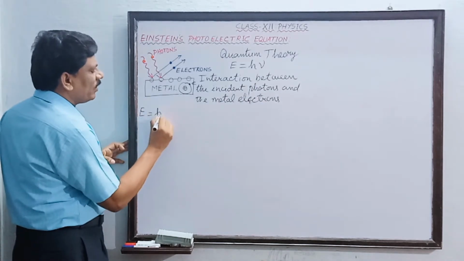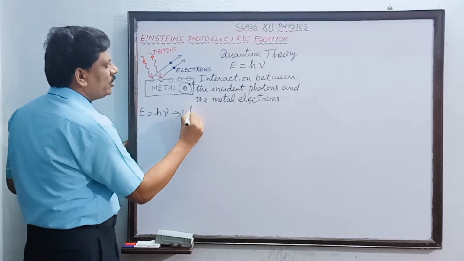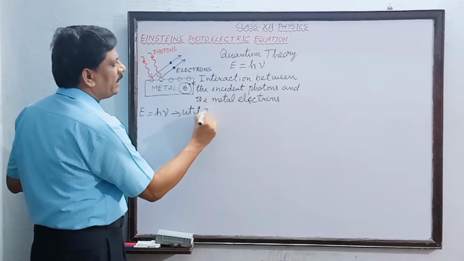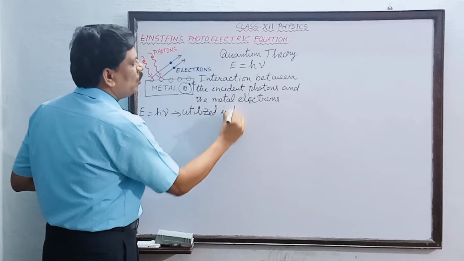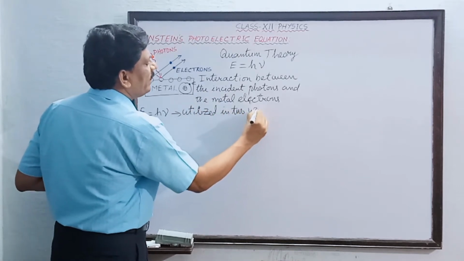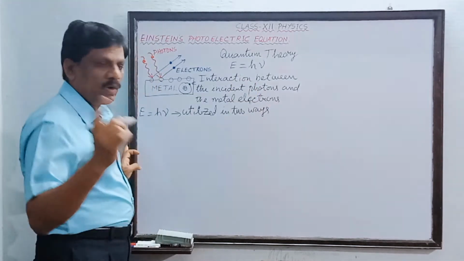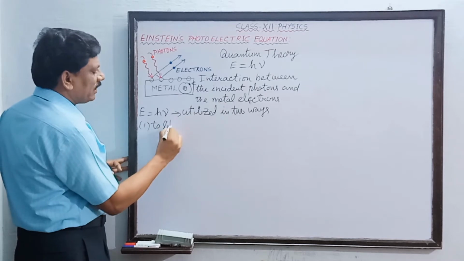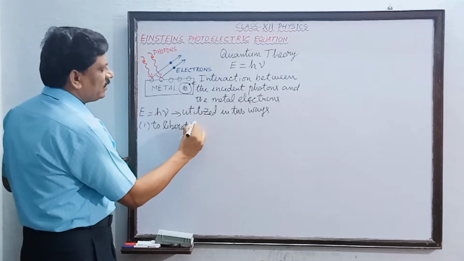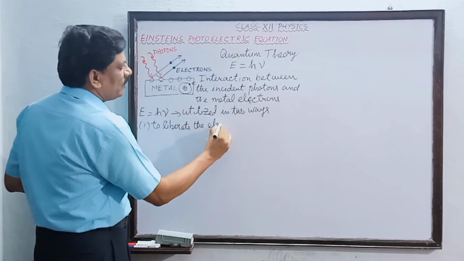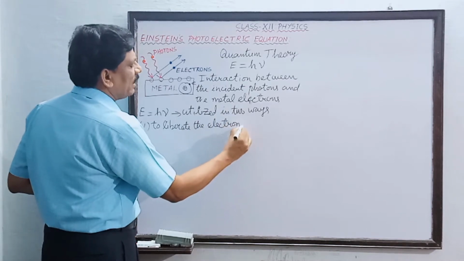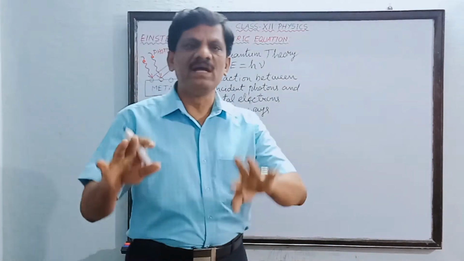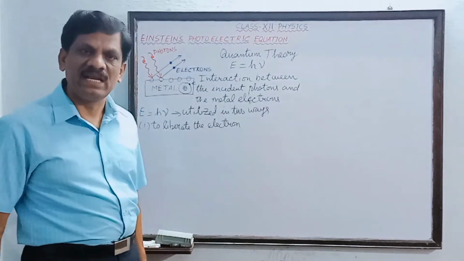So E equals h nu is utilized in two ways. One is to liberate the electron from the metal surface or from the metal atom.